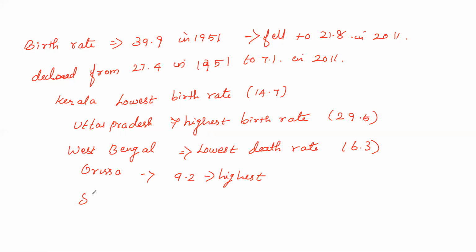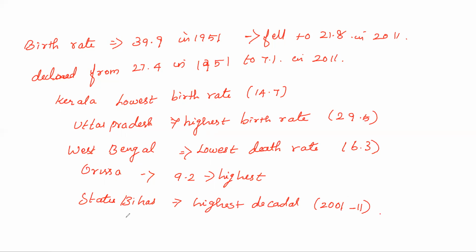States Bihar highest, 2001 to 11, the growth rate of population. While Kerala has the lowest growth rate. Kerala தான் நமக்கு lowest birth, lowest growth rate. Okay.